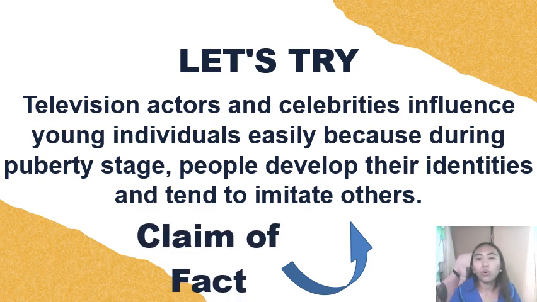In the statement, there are facts being used. For example, young individuals truly go through the puberty stage. It's just that what makes it arguable is because there are other factors that contribute to how a young individual develops their identity. Okay, next.